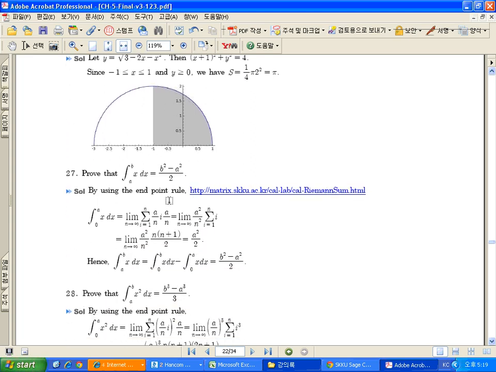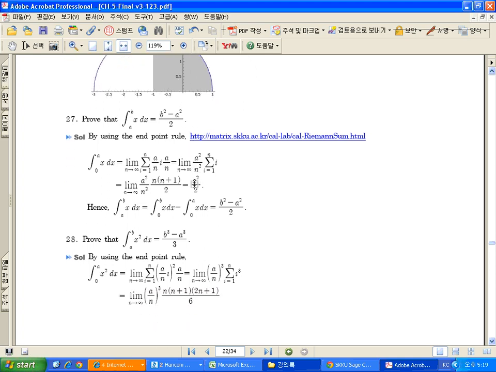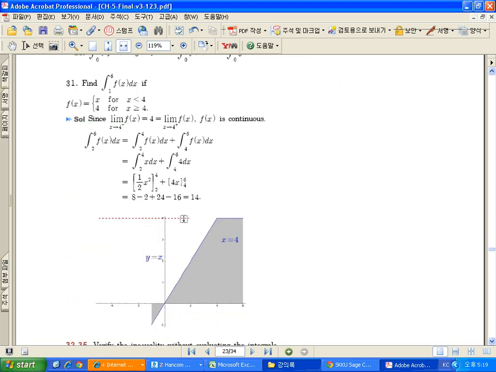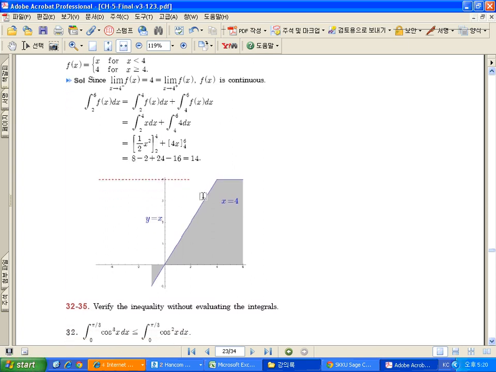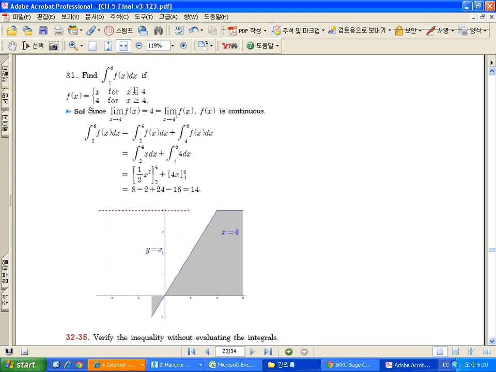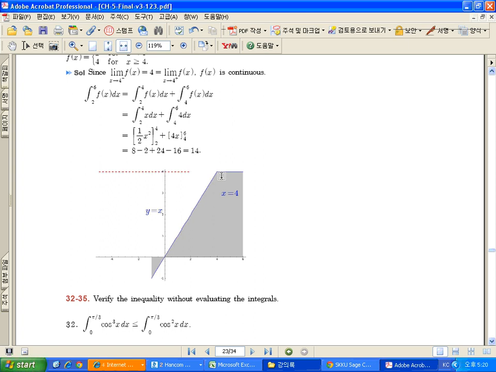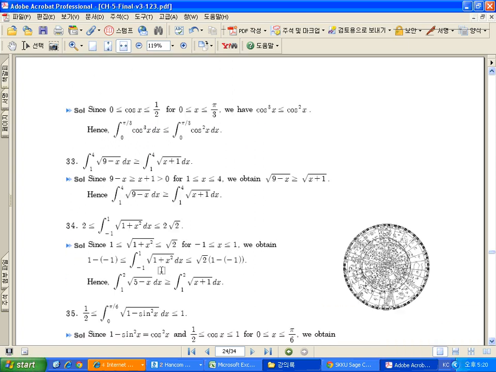If you can draw the graph, there are many things you can do easily. And this graph shows two different functions, and you can easily find this area, then subtract this triangle to get the answer.